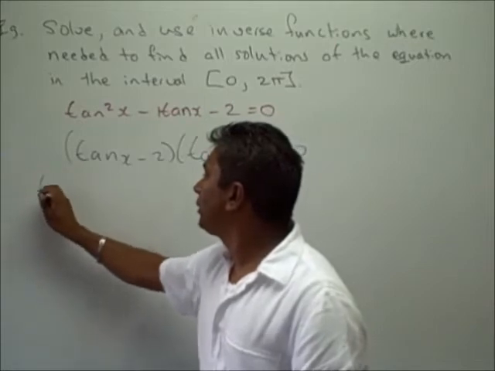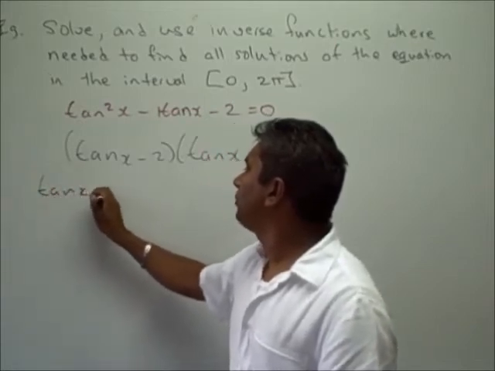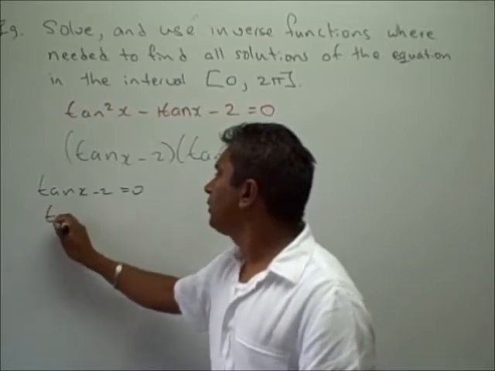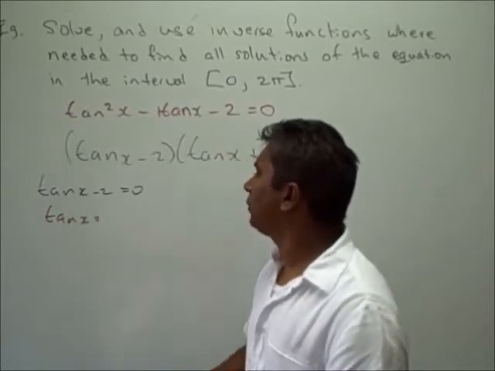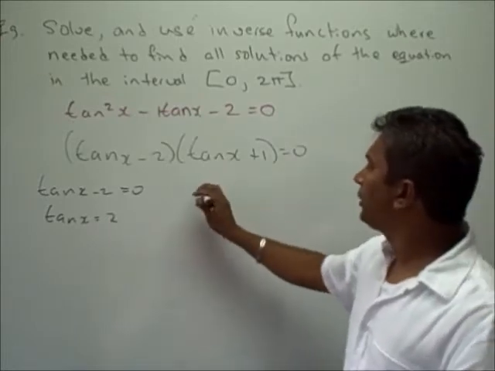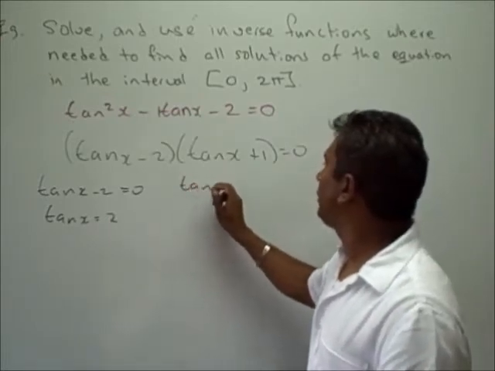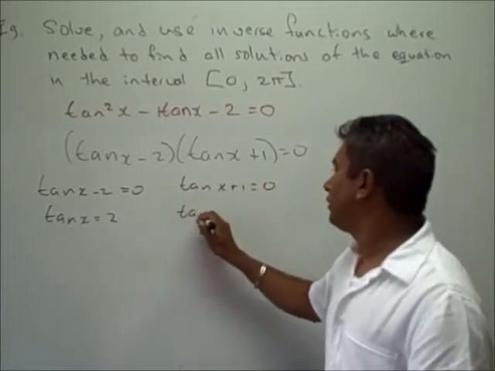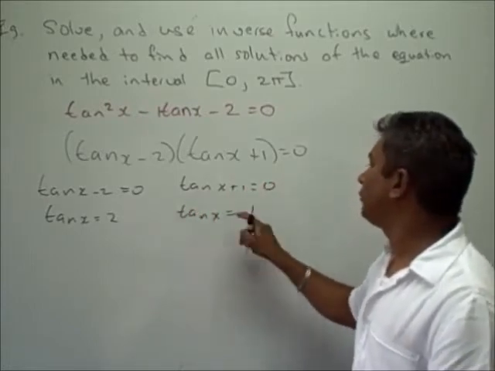So tan x minus 2 is equal to 0, or the tan of x is equal to 2. Similarly, tan x plus 1 is equal to 0, or the tan of x is equal to negative 1.